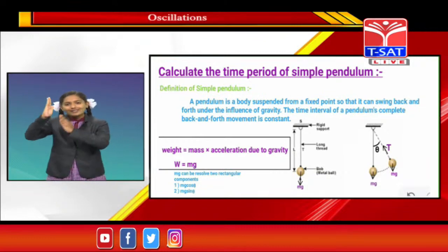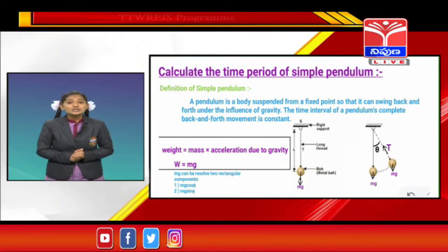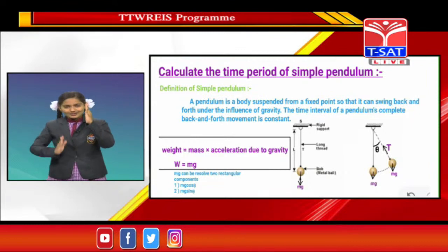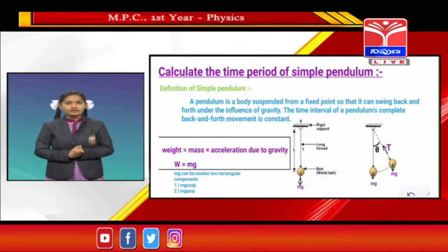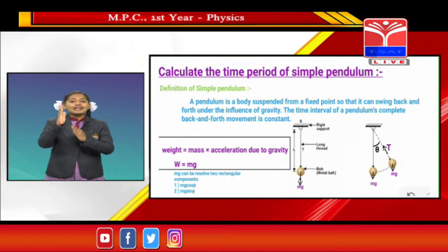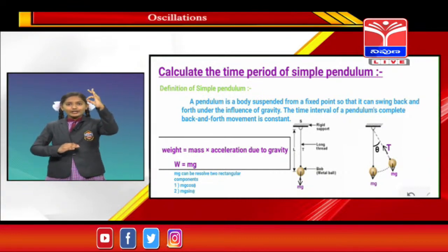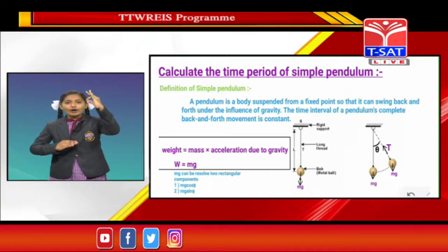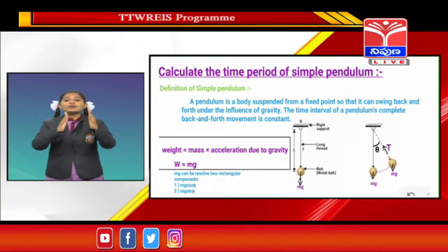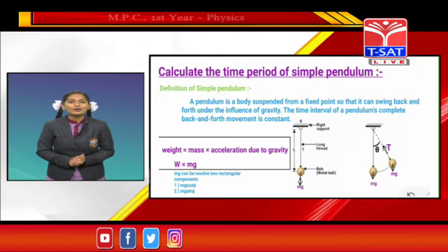Gravity is always vertically downward, that's why the weight of the bob is always vertically downward. The length of the pendulum is the distance between the rigid point and the center of mass of the bob, which we usually call the length of the pendulum.